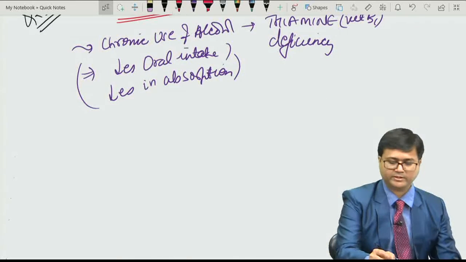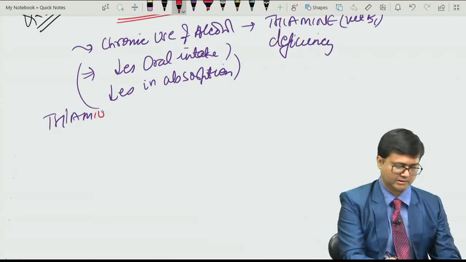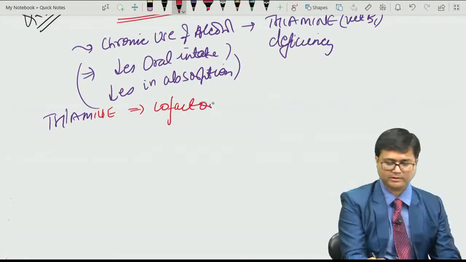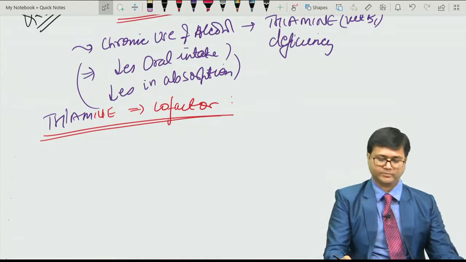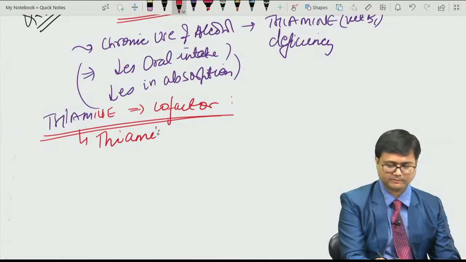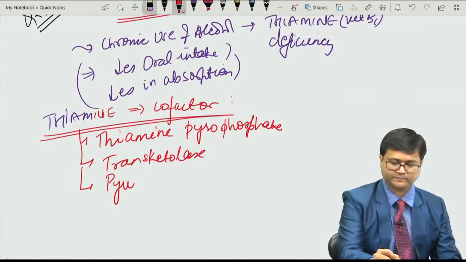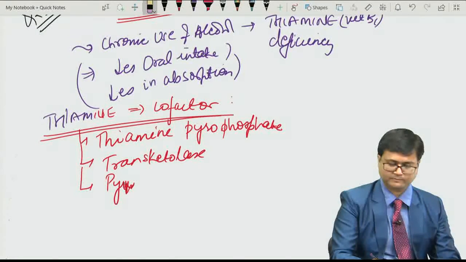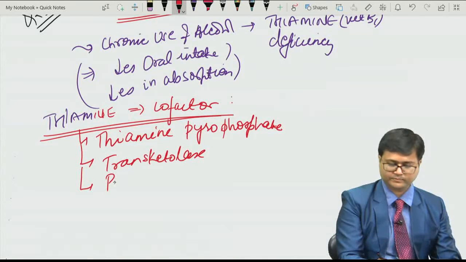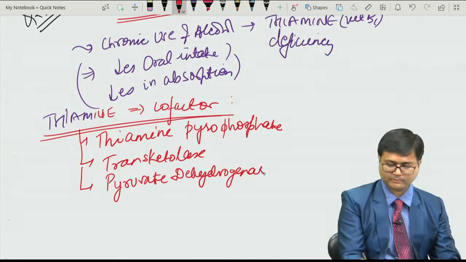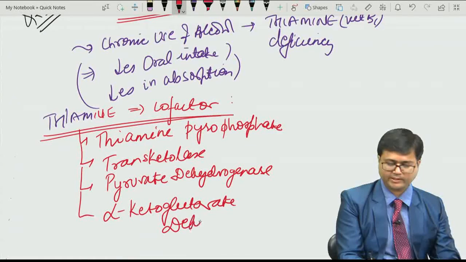Now, as we know, thiamine is a cofactor in some important enzymes like thiamine pyrophosphate, transketolase, pyruvate dehydrogenase, and alpha ketoglutarate dehydrogenase.